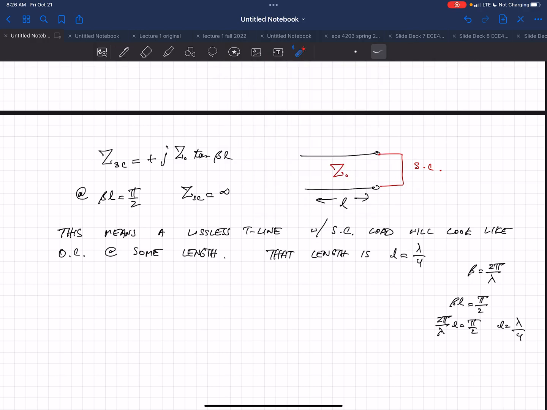Remember that the wavelength times the frequency of the input is the group velocity. So as the wavelength of the signal changes, so does the frequency. At some wavelength, at some length, a short circuit would look like an open circuit.